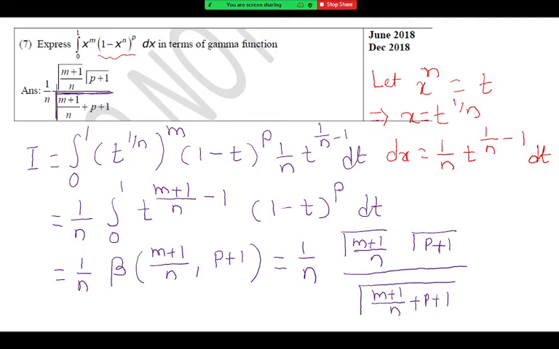The reason is that m, n, and p are unknown numbers for us, so we have to keep it like this only. If we have particular values of m, n, and p, we can evaluate the gamma and get the final answer as just a number.